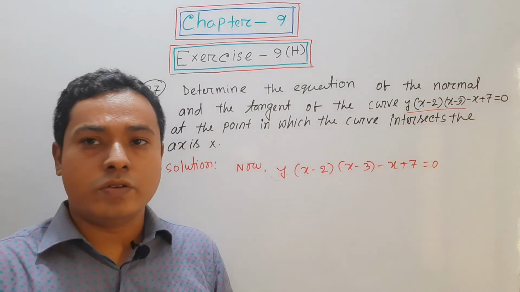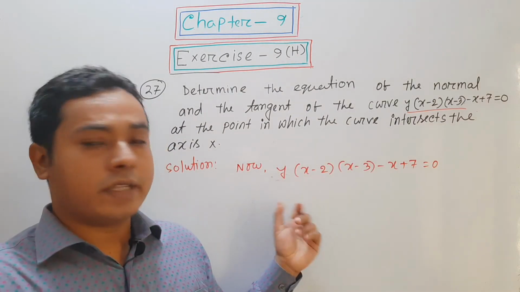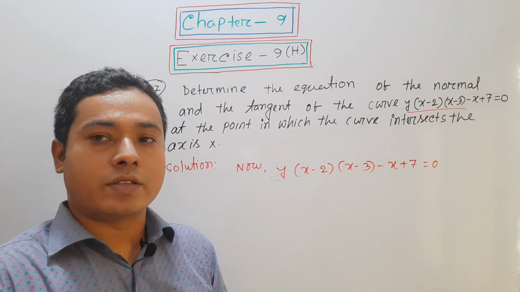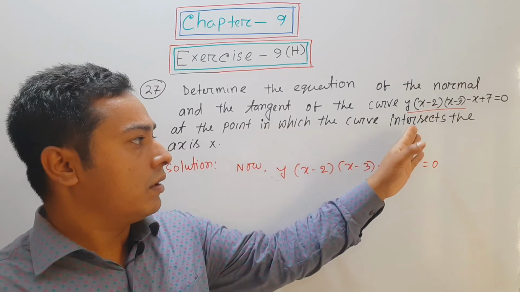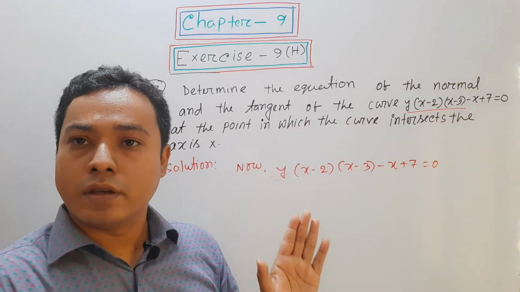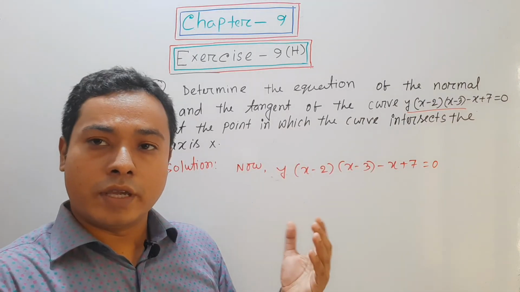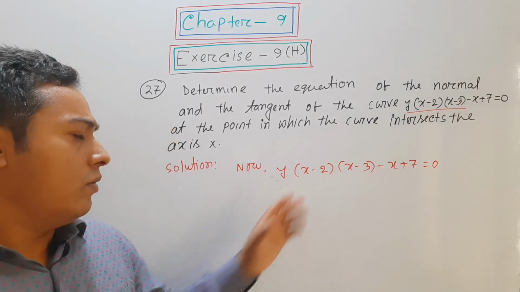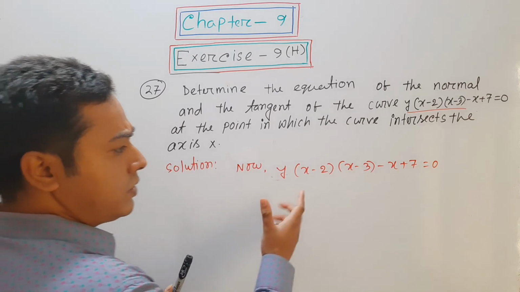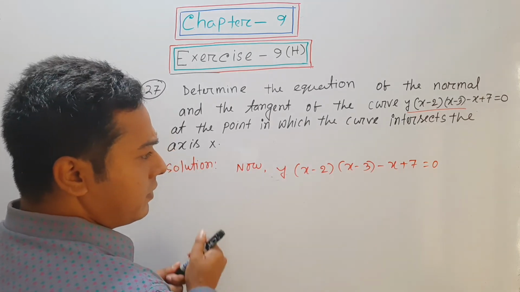Okay, now we want the slope of tangent of this curve at any point x comma y. Then for this specific point, intersecting point of x-axis, which we already know is 7, 0. Okay, now we need differentiation in both sides.